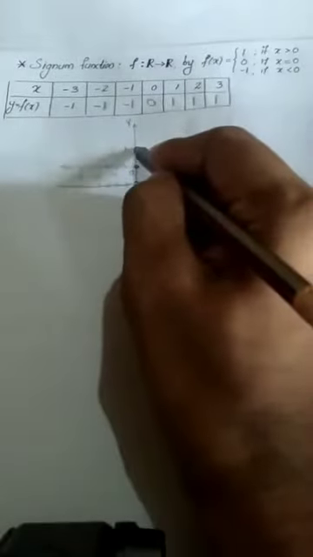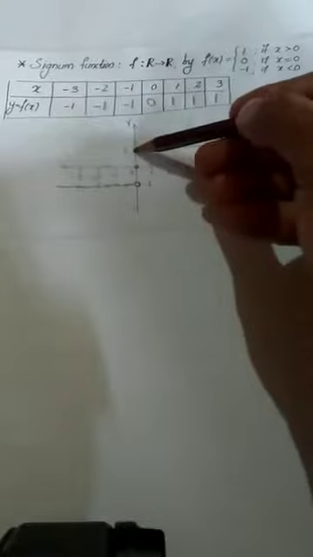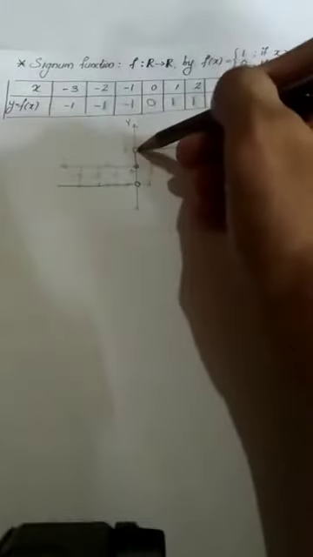But there is a mistake there, because if x equals 0, it is not 1. So here we want to point out the 0. So this is the signum function.